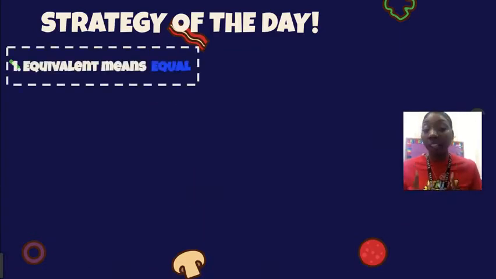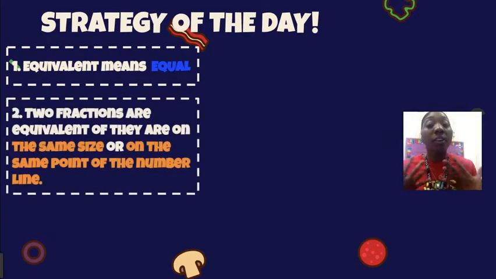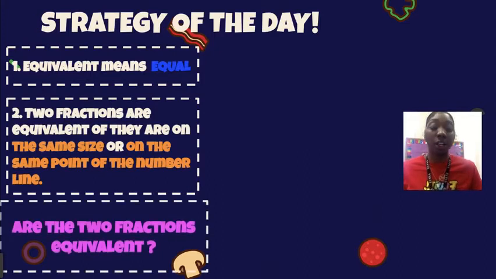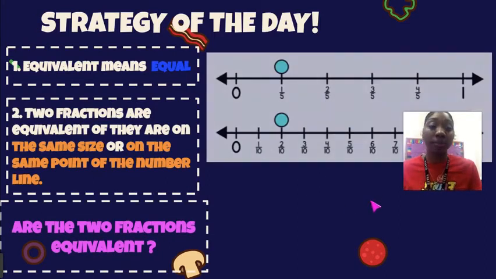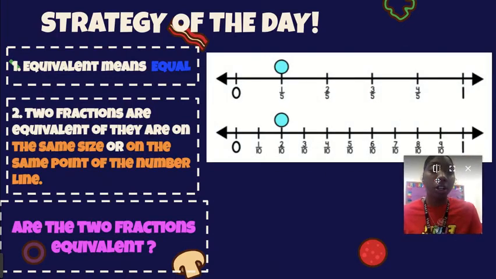Remember, equivalent means equal. You got it. So if 2 fractions are equivalent, that means they are the same size or they are on the same point on a number line. So, are the 2 fractions equivalent? Well, let's take a closer look.